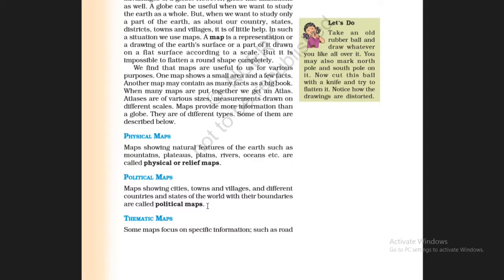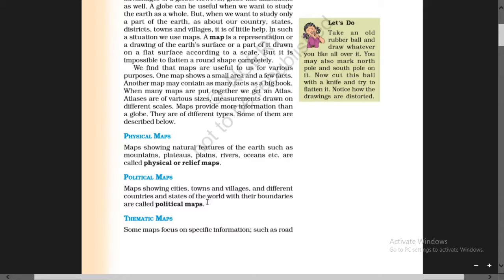In political maps, it shows cities, like our Imphal city, Imphal, that means towns and villages, different villages and towns and different countries and states of the world with their boundaries.